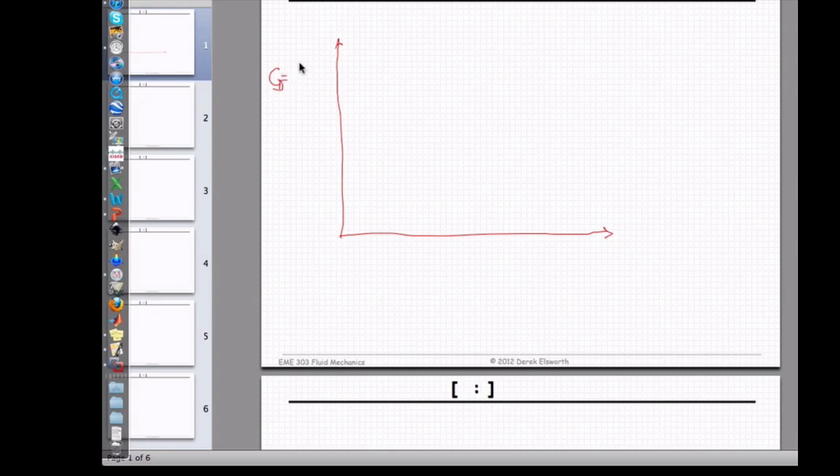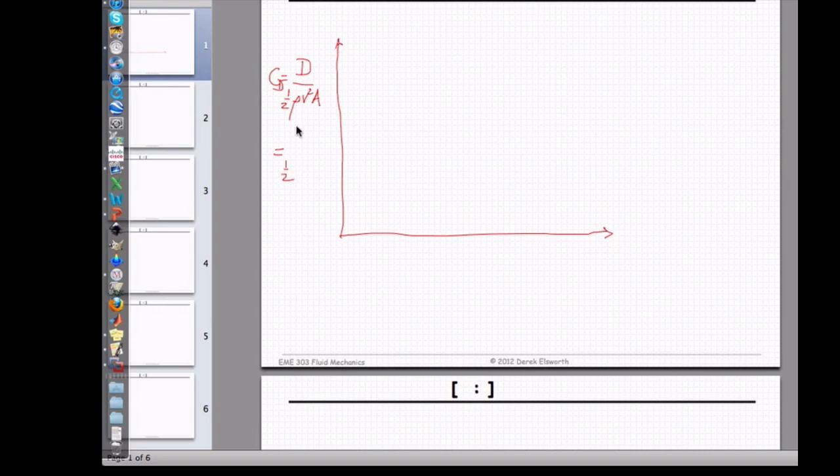CD is equal to the drag force divided by a half rho v squared times area. Actually, it is easy to do, right, in this particular case. So what are the magnitudes of those?